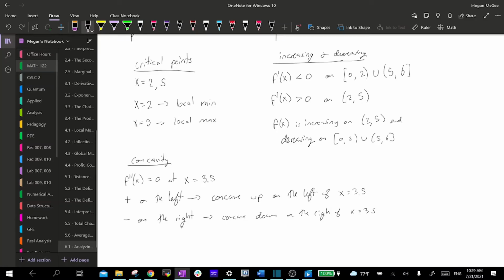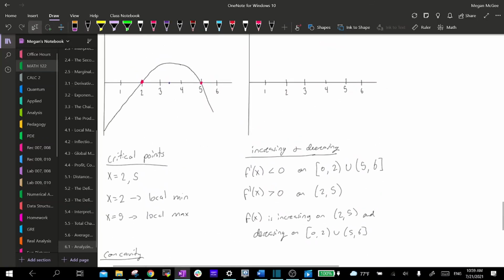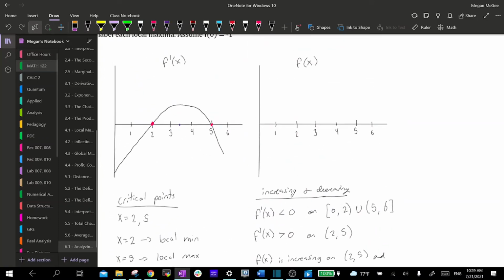So now we need to take all of this information and put it together on the graph of our original function. All right, so I'm going to go ahead and add some dotted lines in here to give us some sections. So we know that we need to look at 0 up to 2. All right.